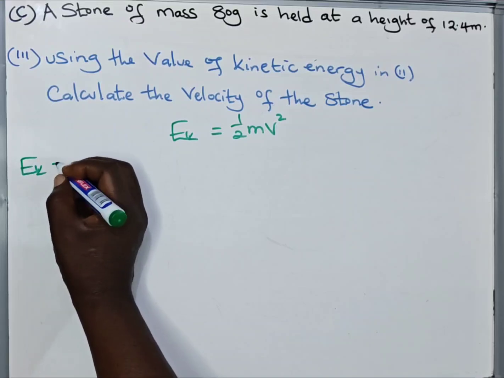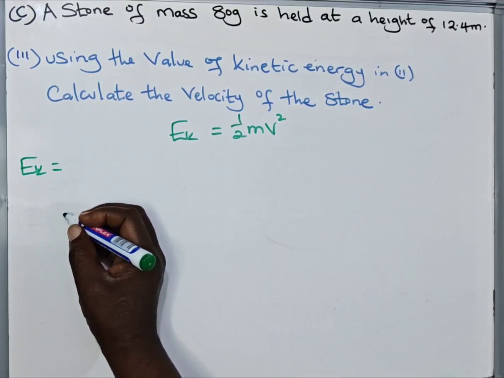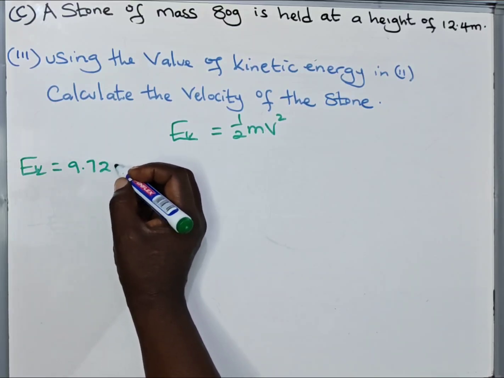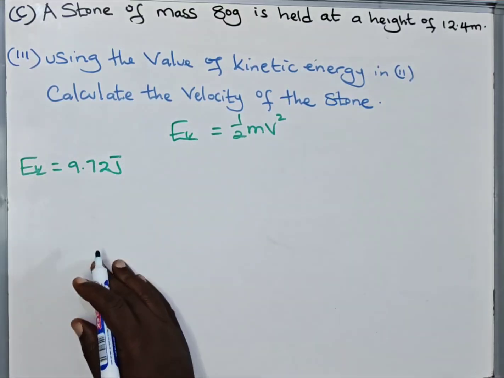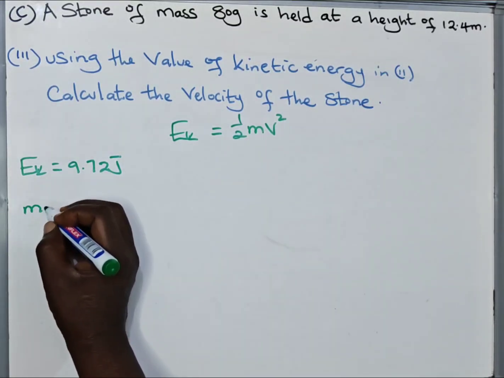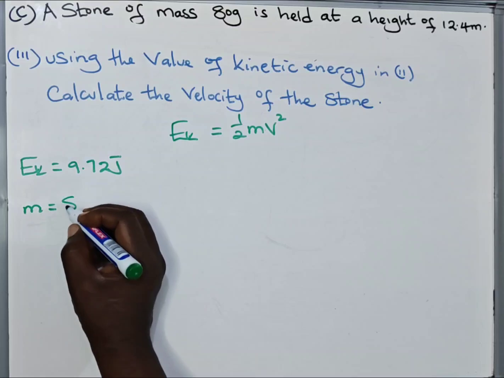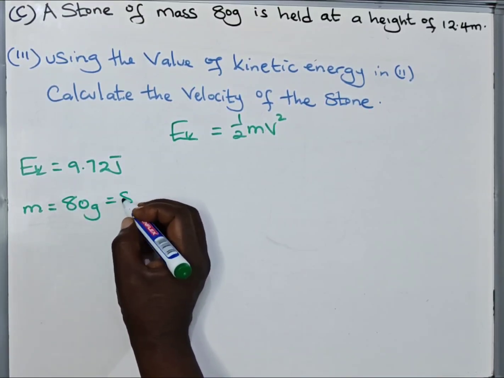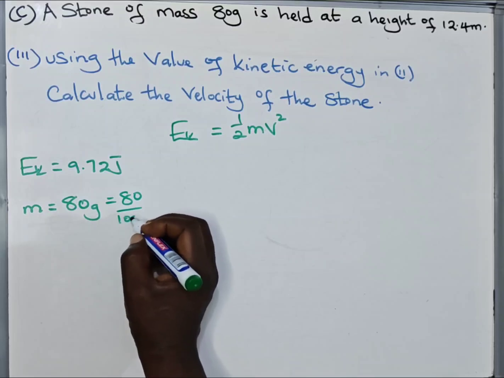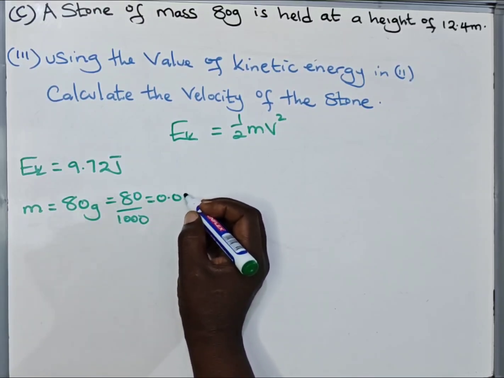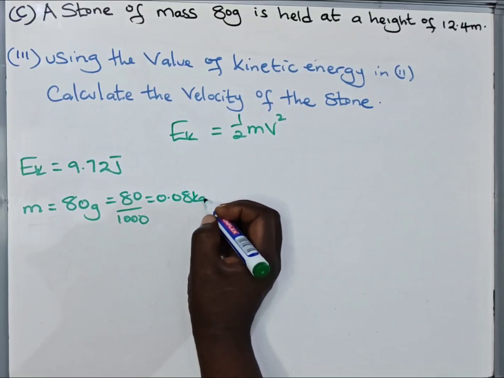We are using the kinetic energy we obtained, which was 9.72 joules. What else do we know? We know the mass. We said it's 80 grams, which comes to 80 divided by 1000, giving us 0.08 kilograms.